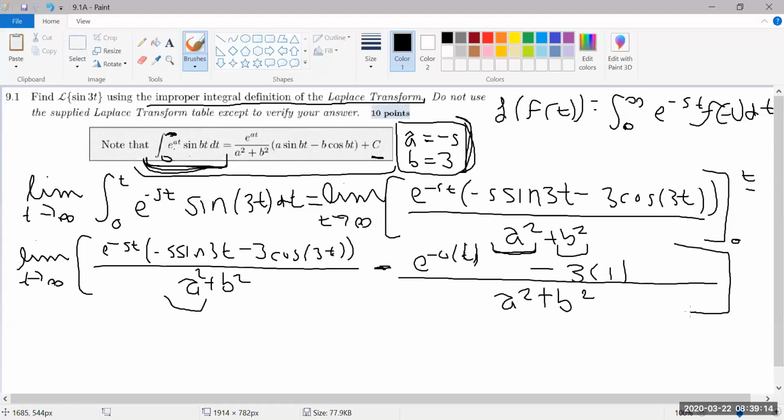Okay, so here's what we have so far. Now let's apply our limit. I almost wrote my limit again as I applied it. It's a big no-no, drop your limit once you apply it. So we have e to the negative infinity, which we all know goes to 0.